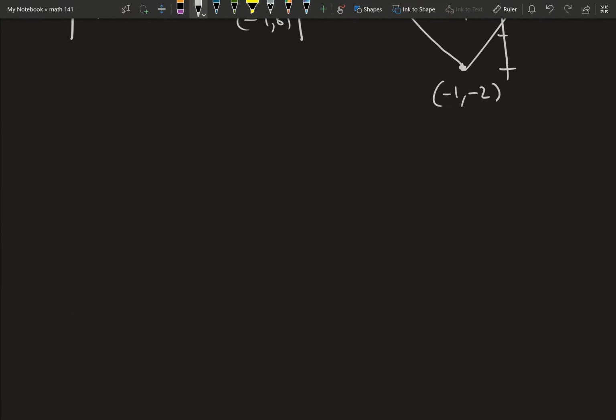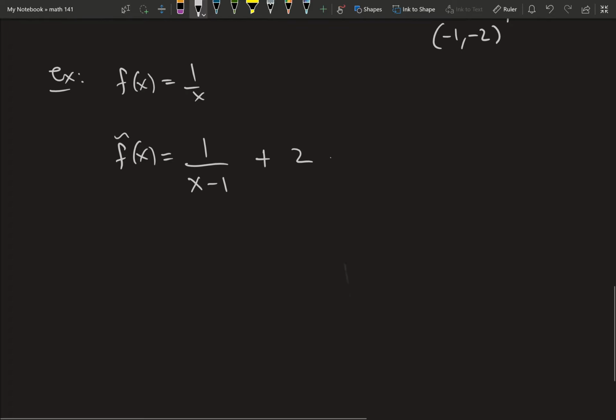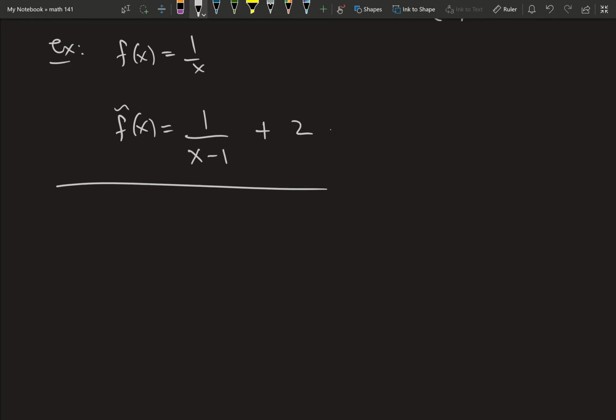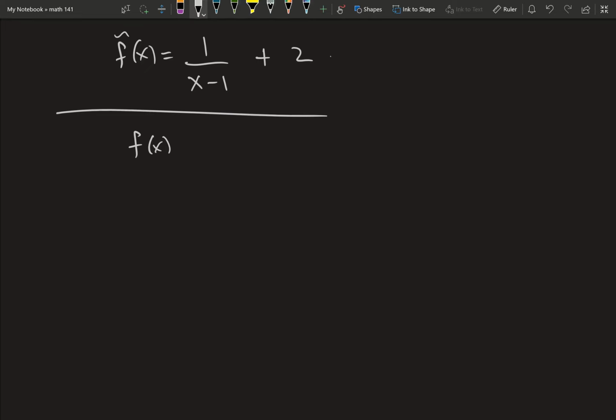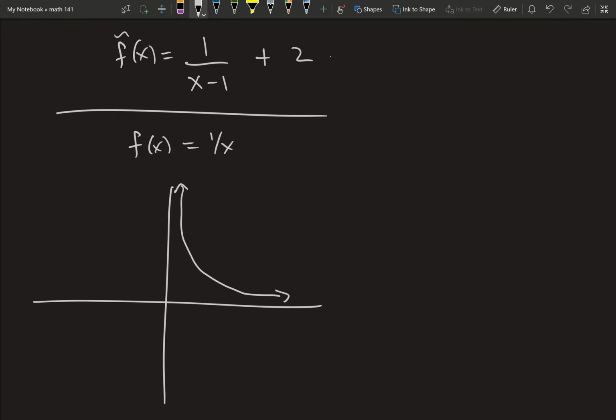Let's do one more example. And this is with the base function 1 over x. What we want to graph is, say, 1 over x minus 1, and then plus 2 overall. So let's first recall how to graph the original graph f, and then we'll do the shifting process to get to f tilde. So this is 1 over x. Recall that this is the graph with those asymptotes, a vertical and a horizontal one. So this gets closer and closer to infinity here.